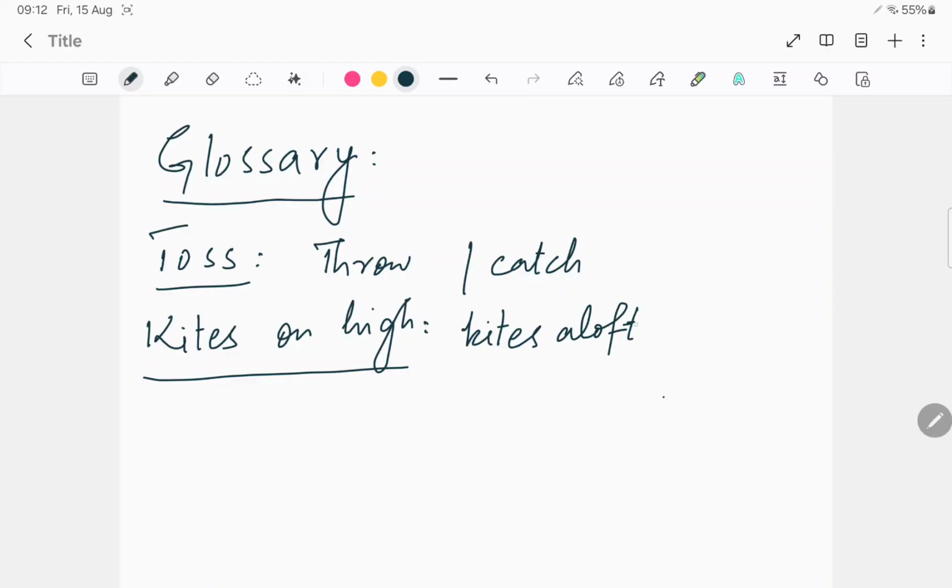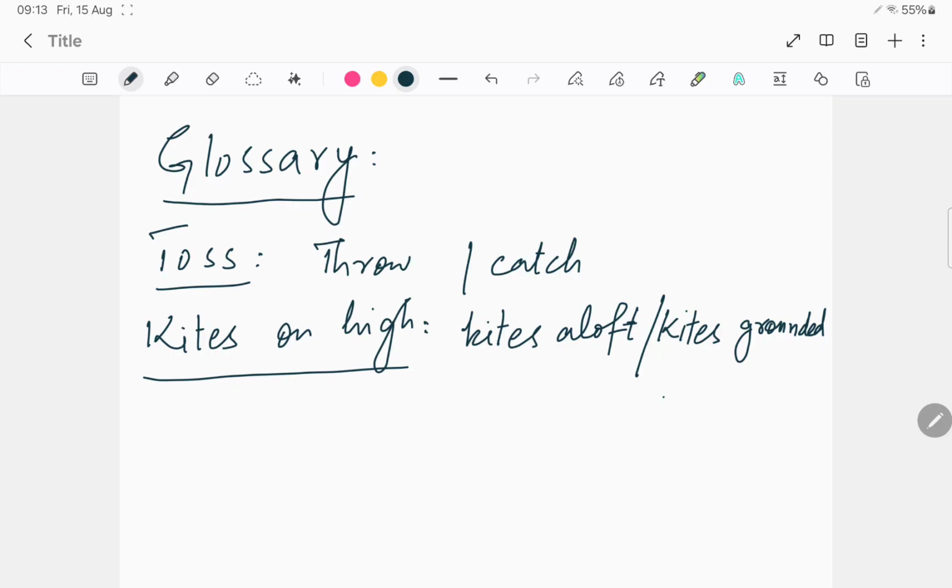They have been sent up, and the antonym would be the kites are grounded, which means they are brought down. So kites on high means to take the kites up or aloft, and the antonym will be the kites grounded. And we can use it in a sentence like: the wind kept the kites on high for hours. So that is how we can use it in a sentence.